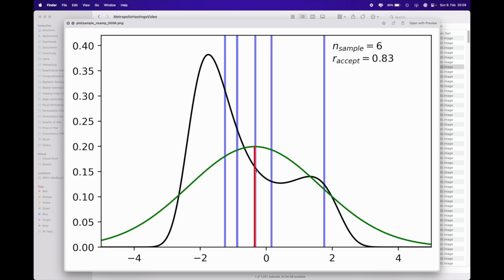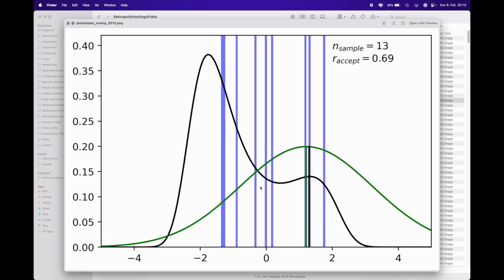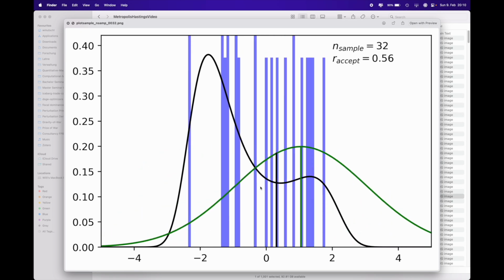Okay. Next, whenever you see a red curve, I have a new draw and I don't accept it because I'm not going uphill. I'm going to the tails, for instance, and then I draw this random number and then I'll decide not to accept this. Okay, and we continue to do this, jumping around.